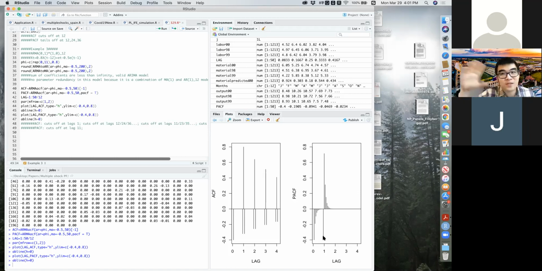This bar is definitely outside of the confidence interval, very large. And it tails off at lags 1 and 12. It only tails off at these two lags.